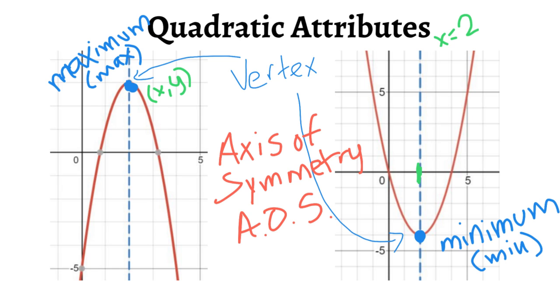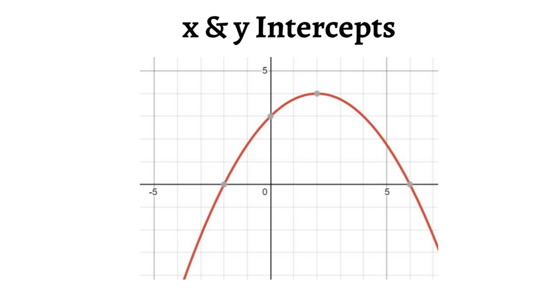All right, let's talk a little bit more about what makes a quadratic so special. Okay, so now let's talk about the x and y intercepts. Let's start with the x-intercepts. The x-intercepts are where it's going to intercept the x-axis. So if you look here, this is the x-axis, this is the y-axis.